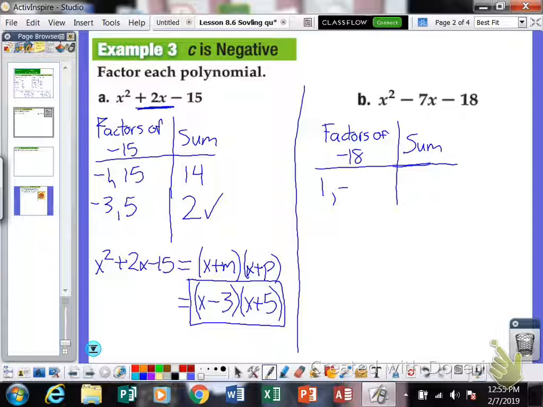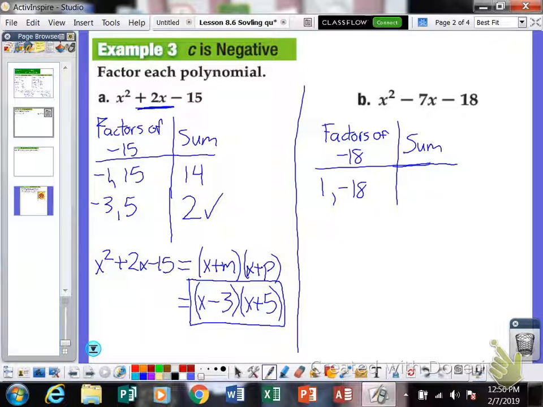We have 1 and negative 18. Keep in mind when it comes to these problems with the negative b, the factor with the greater absolute value is going to be our negative term when we're listing our factors. So if I absolute valued both 1 and negative 18, 18 would be the term with the greater absolute value. So that's why the negative is with the 18.